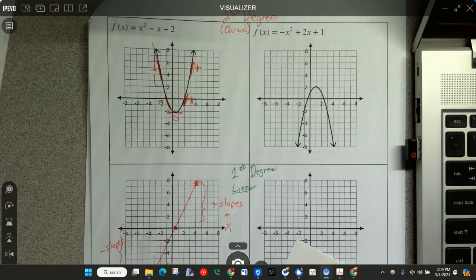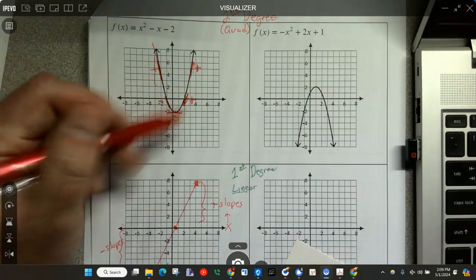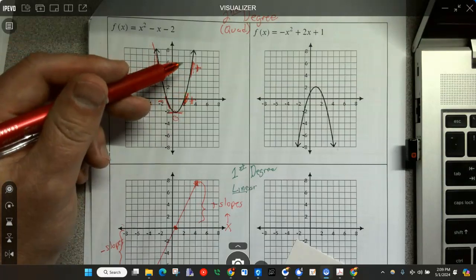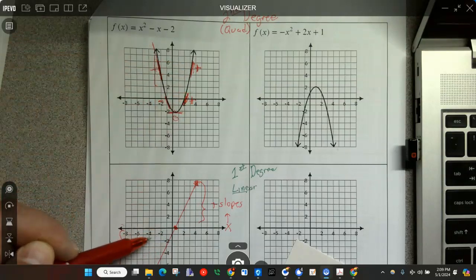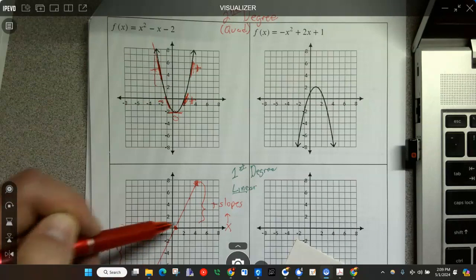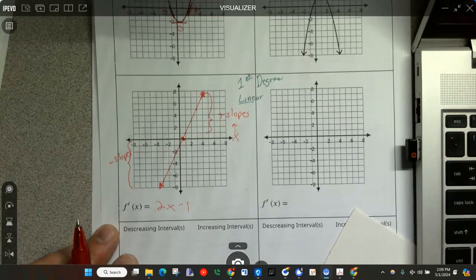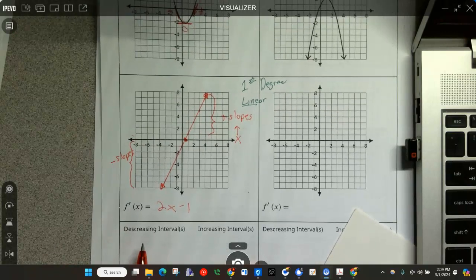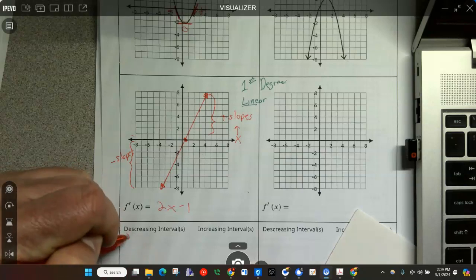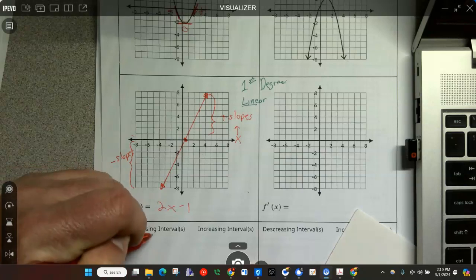So it's another way of figuring out, how do we know when a function is increasing or decreasing? Well, if you look at its derivative, we can tell what's below the x-axis and what is above the x-axis. So that's where this part comes into play. We can see it's decreasing, aka below the x-axis.